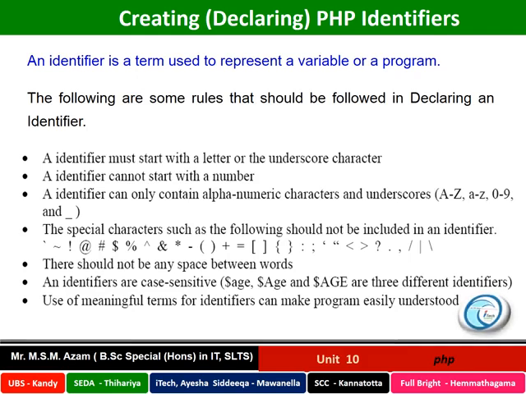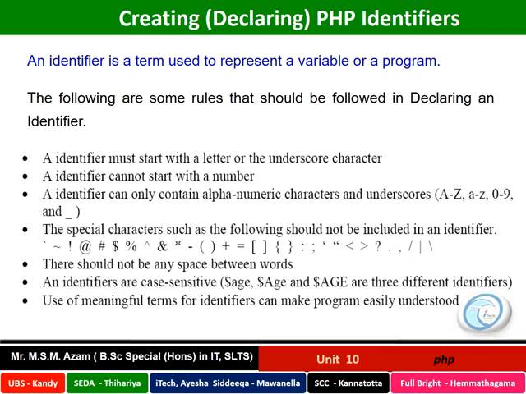So, when you write $age with simple a, g, e, or capital A, G, E, they are taken as different identifiers in PHP. That is the reason identifiers are case sensitive.